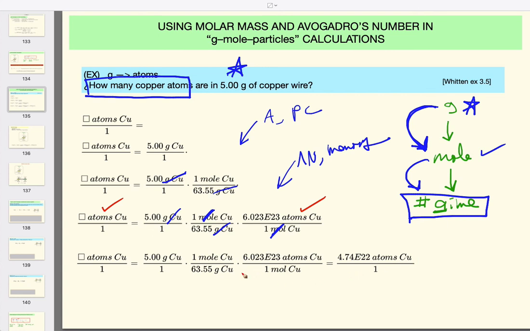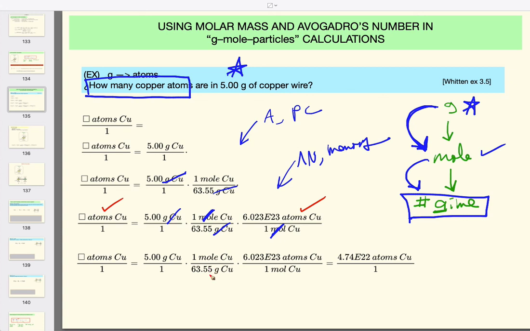One more note about that. How do I do that calculation? It's very easy with dimensional analysis. Anytime a number is in the top, you precede it with a multiply sign. Anytime a number is in the bottom, you precede it with a divide by sign. So some of you might go 5 times 6.02 times 10 to the 23rd divided by 63.55.